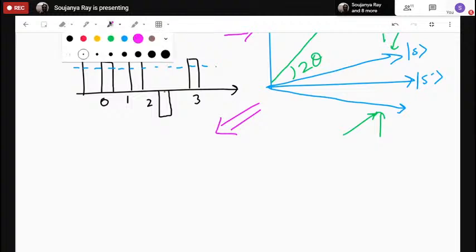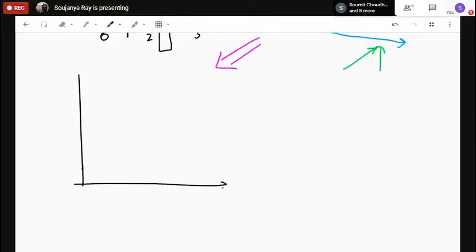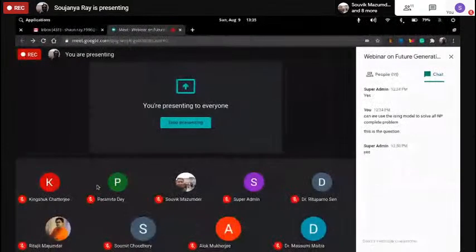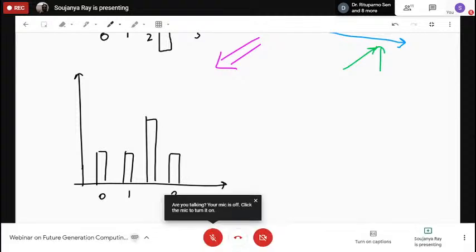So if I draw this figure again, you will see something. So 0, there's 1, and 2 increases a lot, and there is 3.